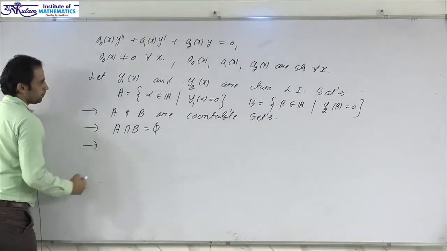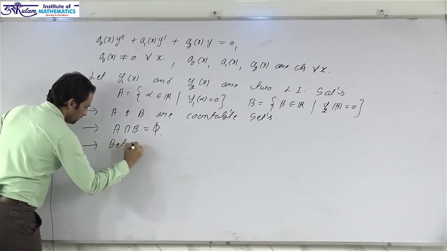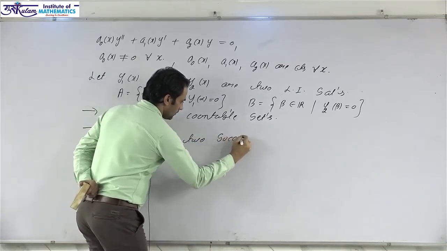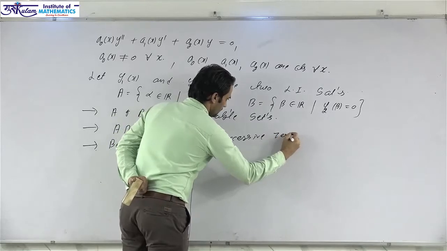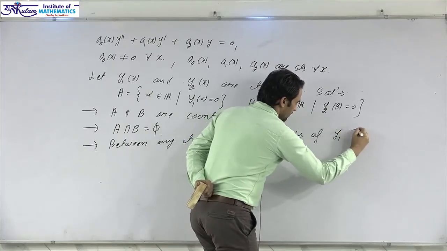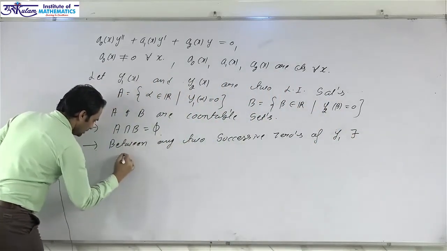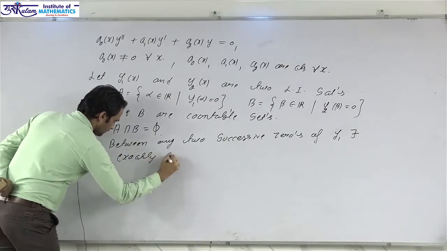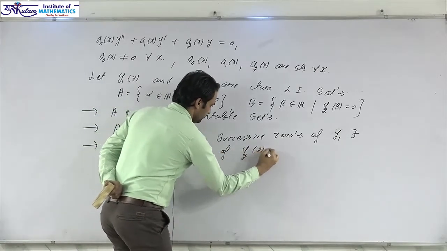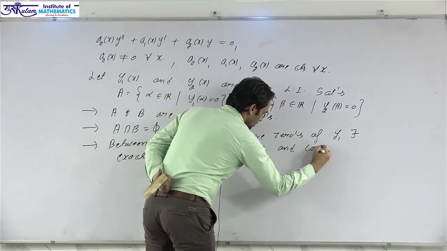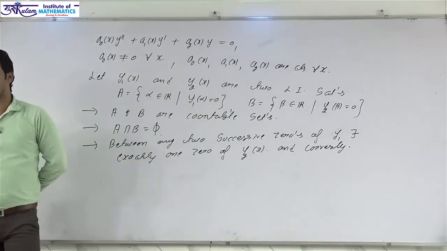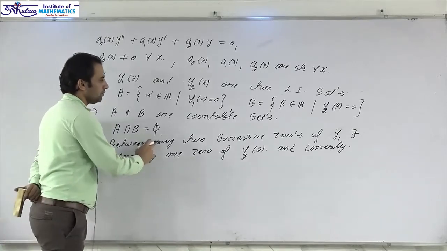Then the third property: between any two successive zeros of y1, there exists exactly one zero of y2, and conversely, between any two successive zeros of y2, there must exist exactly one zero of y1.